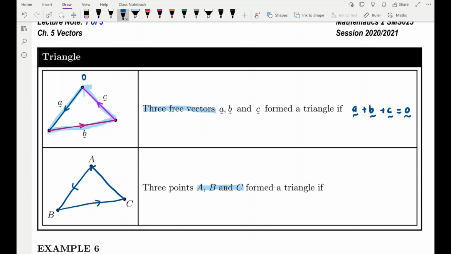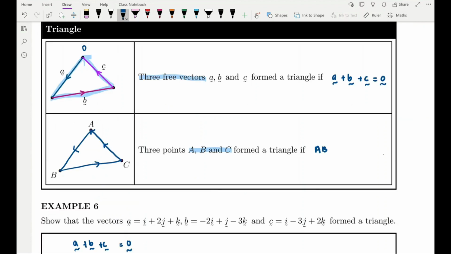It must be back to the starting point. So we can say 3 points A, B and C form a triangle if AB plus BC plus CA equals magnitude 0.